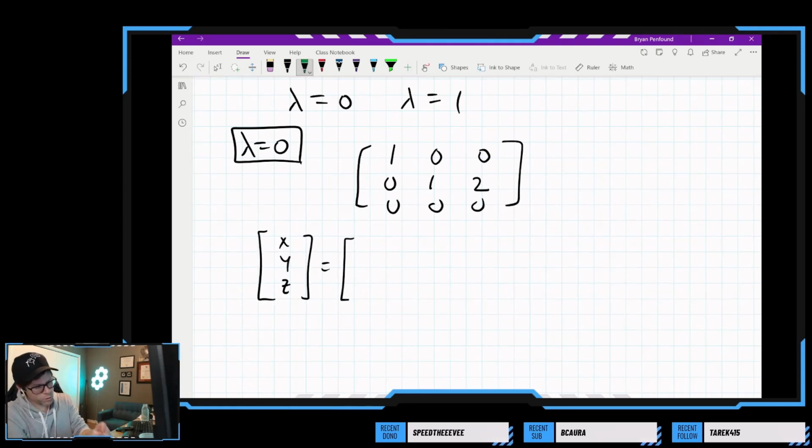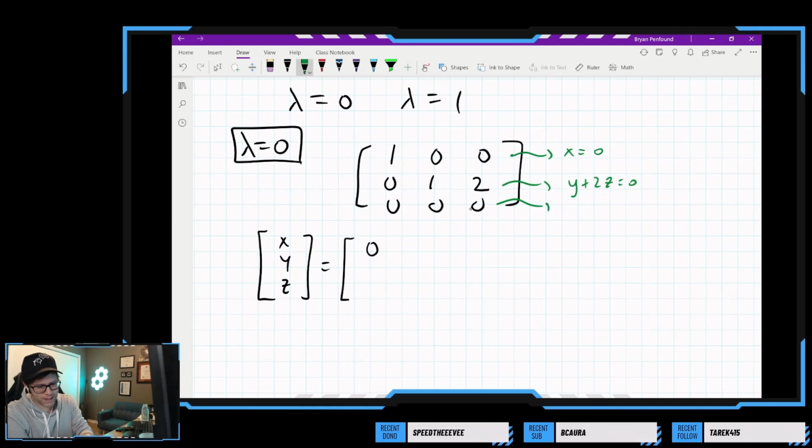So we should be able to read off solutions directly from each of the rows here. The first row says that x is equal to 0. The second row says that y plus 2z is equal to 0.